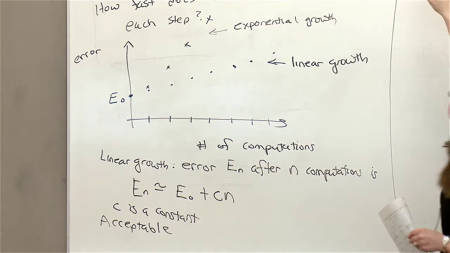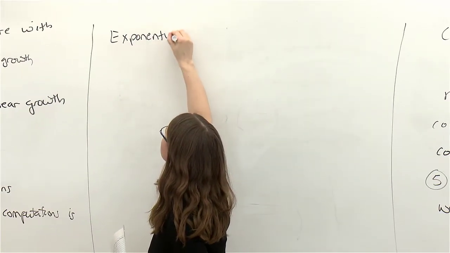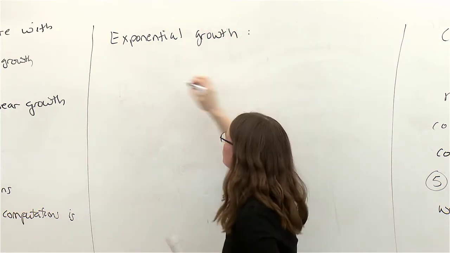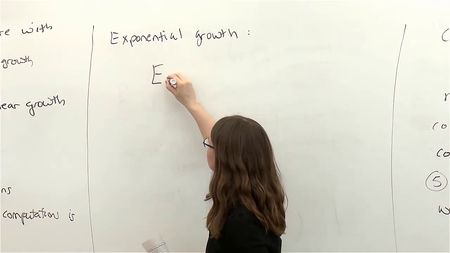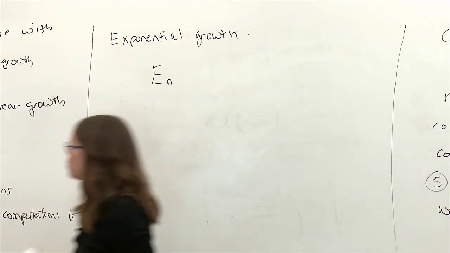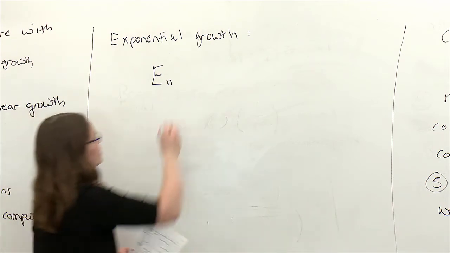Okay, exponential growth in error is going to look like this. When we have exponential growth, now we have something that's exponential in the number of computations.